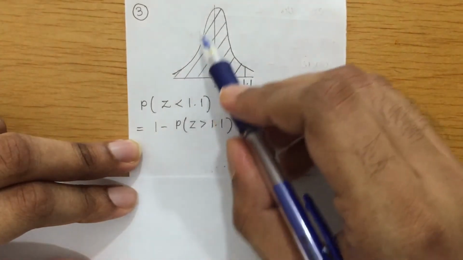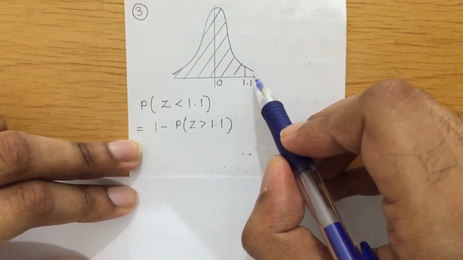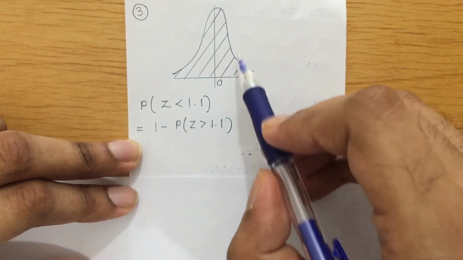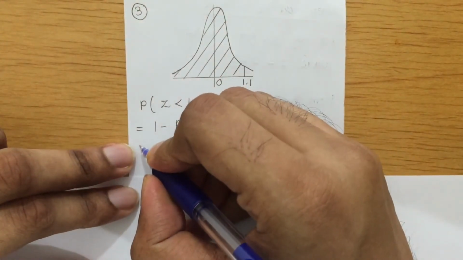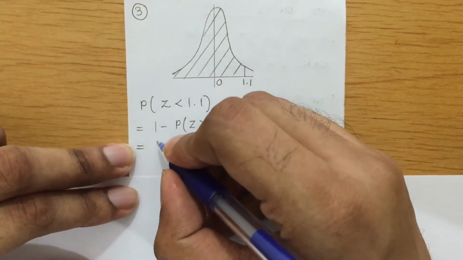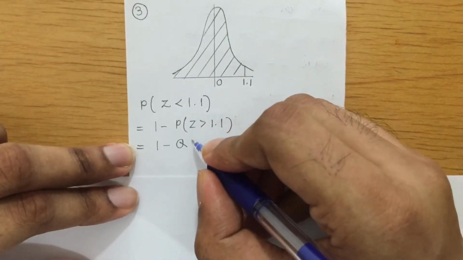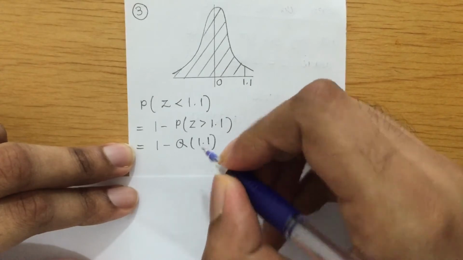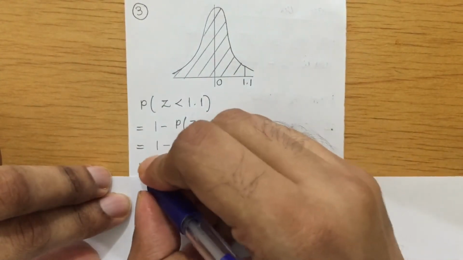The area under the graph, which is 1, minus this right-side shaded region, gives you the whole left-hand side. Proceeding to the next step of working, you minus the upper tail probability Q of 1.1. This 1.1 we need to find in the Z table.